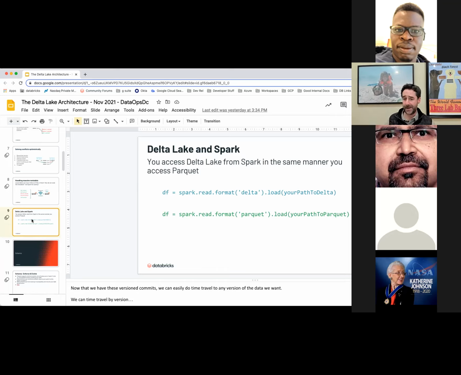What I mean by that is there's a convert to Delta for Parquet, where you can just say, this folder is a Parquet table, I want it to be a Delta table, and all it really does is understand what's already there, and then plops a log on top of it.